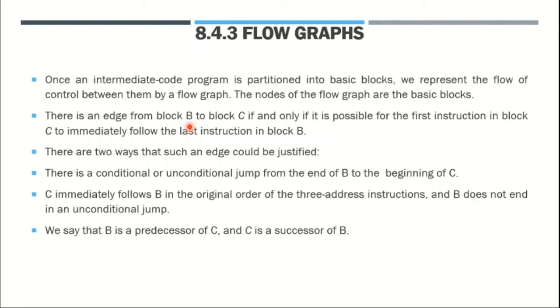In this situation, we can draw an edge, or one branch, from block B to block C. Here B is known as the predecessor of C, and C is the successor of B.